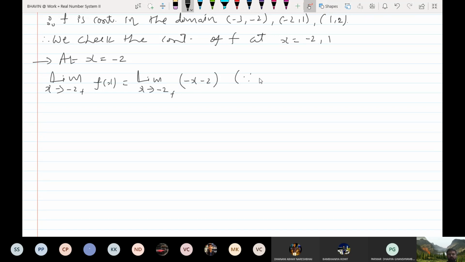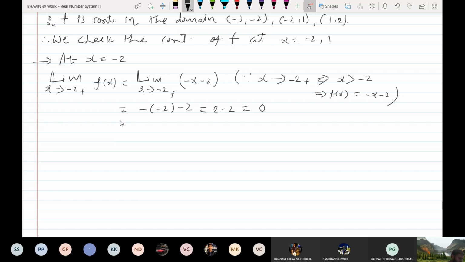The reason is this: x tends to minus 2 plus implies x is greater than minus 2 and implies f(x) is equal to minus x. So if you put x equal to minus 2, so minus 2 and minus 2, what is the answer? 2 minus 2, that is 0.